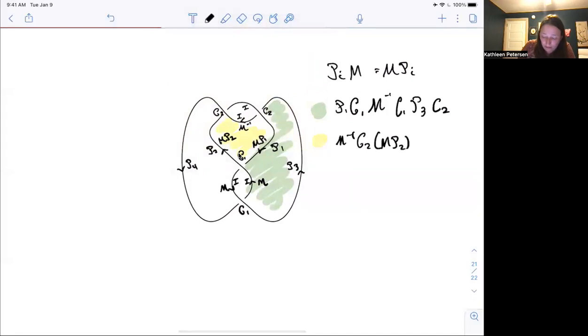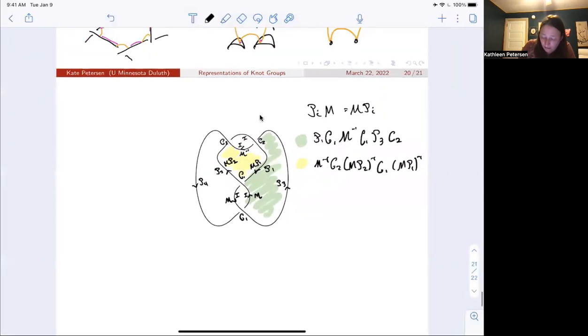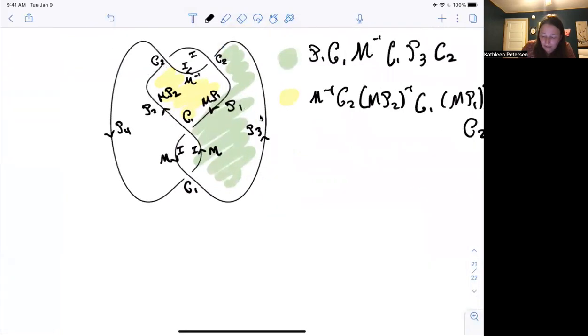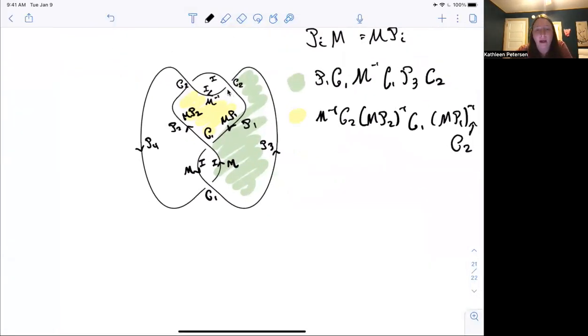So MP2 inverse, and then C1, and then MP1 inverse. And then C, and then I almost forgot about C2. And then I'm back where I started.